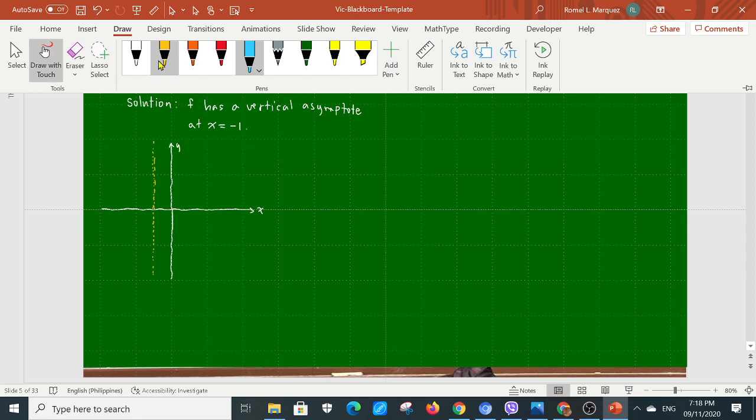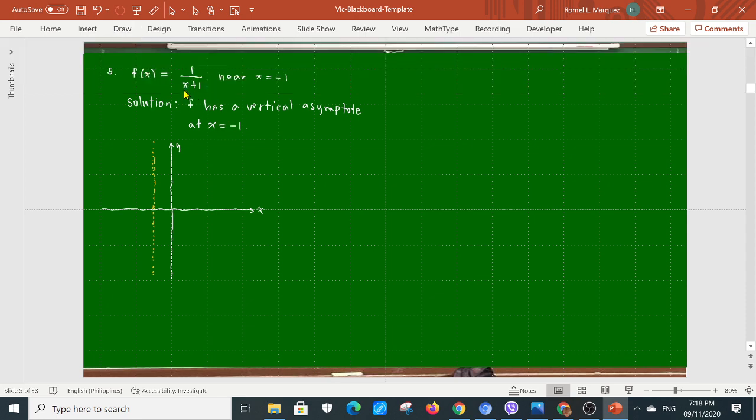By the way, let's get some points. When x is 1, let me have a value. When x is 1, 1/2. Let's say this is 1/2. When x is 0, we have 1. We have a point here.